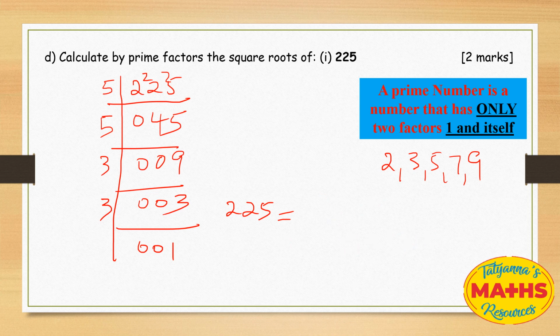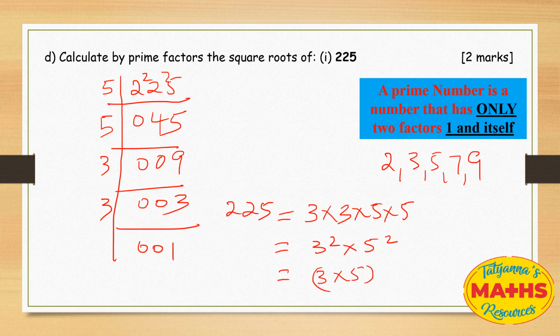So that is 3 times 3 times 5 times 5, 3 squared by 5 squared. So 3 times 5 by 3 times 5. So the square root of 225 is 15.